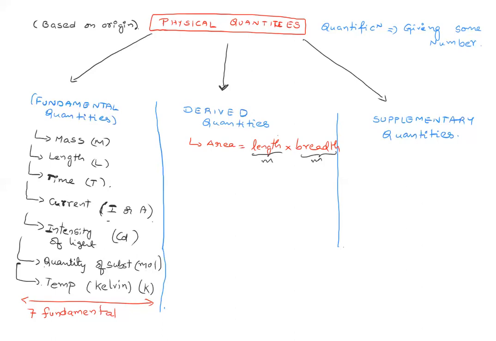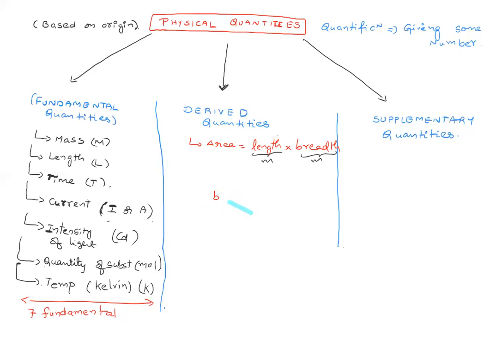That means breadth is also a kind of length. Usually for a rectangle we take this to be length and this to be breadth, but this is once again a length only. So you are multiplying the fundamental quantity of length twice to get area.